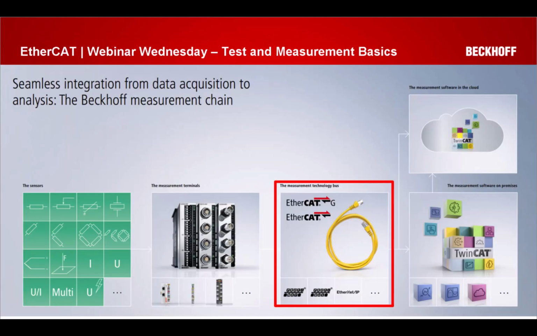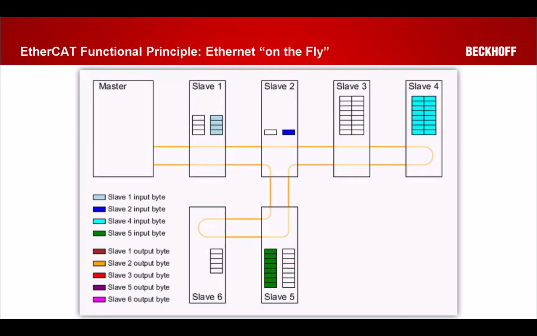And to support the data transfer of measurement data, Beckhoff harnesses the capabilities of EtherCAT, the primary enabling technology for measurement technology, and the Beckhoff platform in general. And to establish a basic understanding, EtherCAT is essentially Ethernet on the fly.